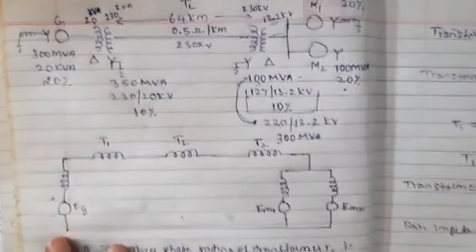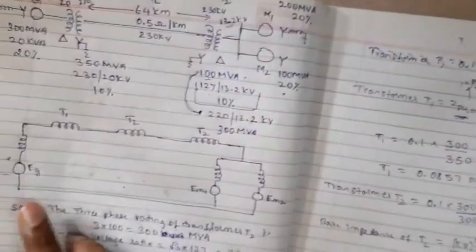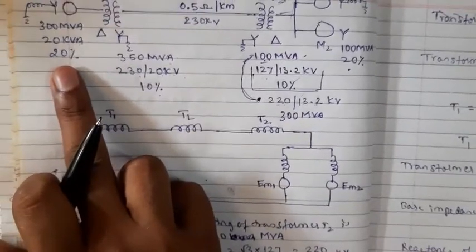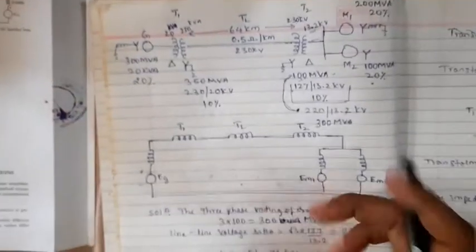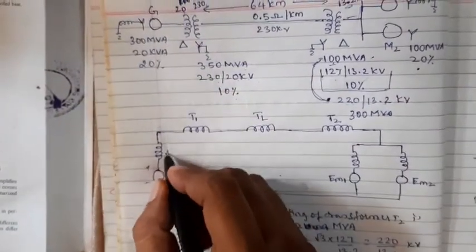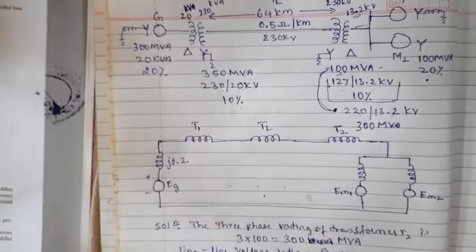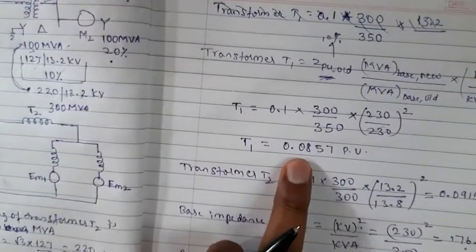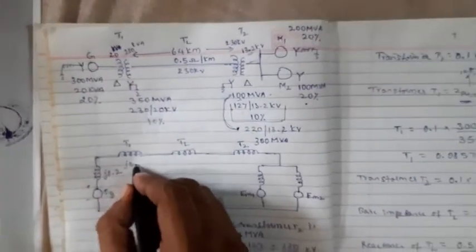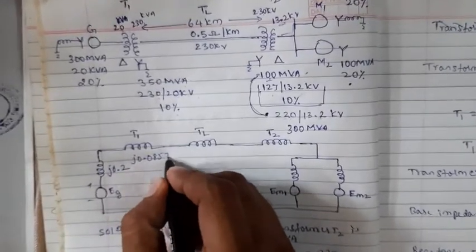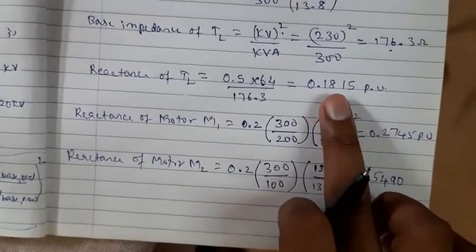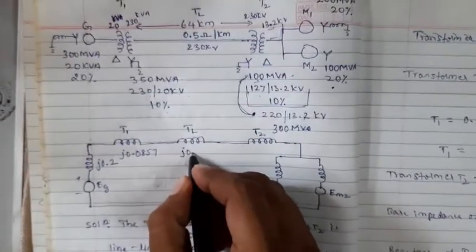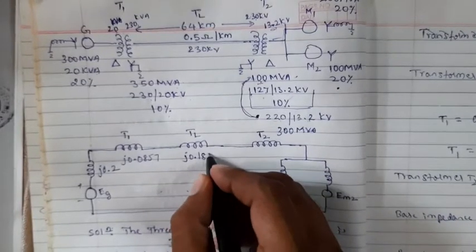So now we will put all these values here. For the generator we have to put all the values. They have given the generator as 20%, so it is j0.2. We have found T1, so put this value, j equal to 0.0857. The transmission line we have found, so put the value j equal to 0.1815.